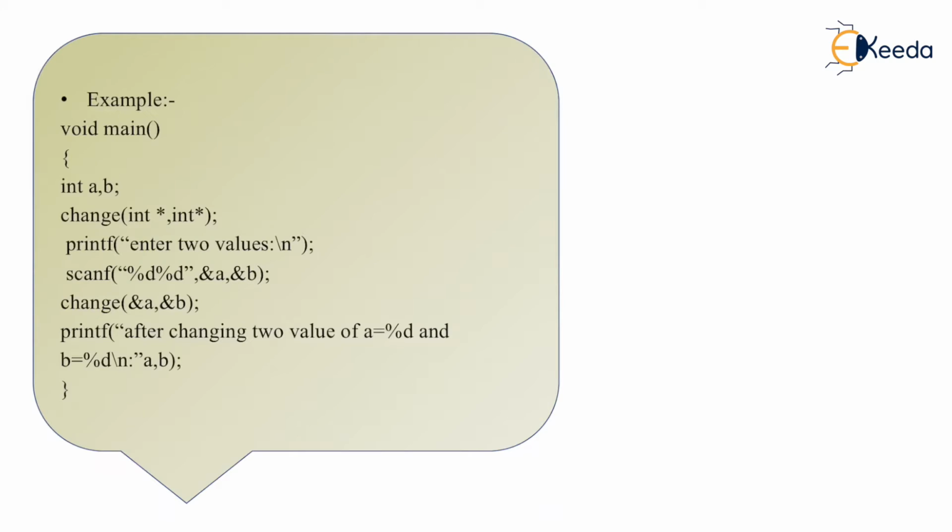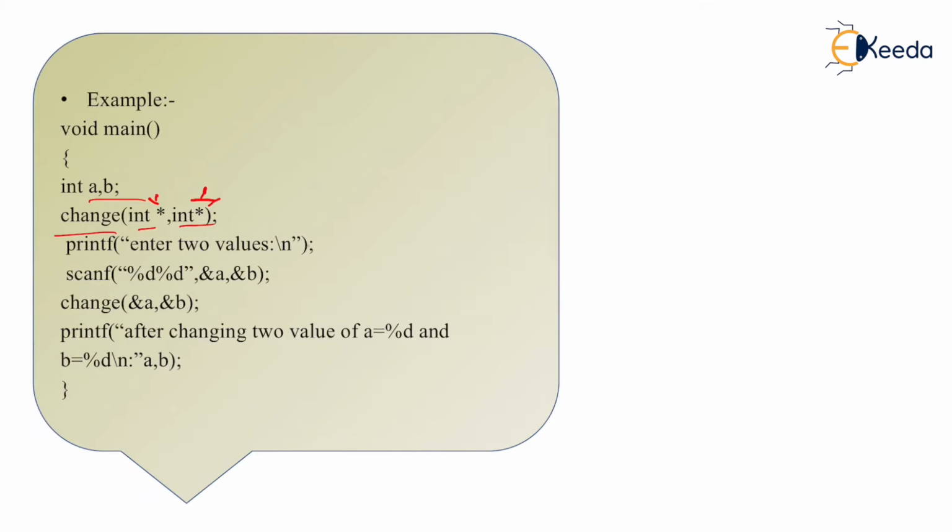See the example. In the example, we are creating the variables a and b. Then I'm declaring the function change with int star and int star. So star is a pointer reference to another variable. Don't worry about it, we are going to study it in the next videos.